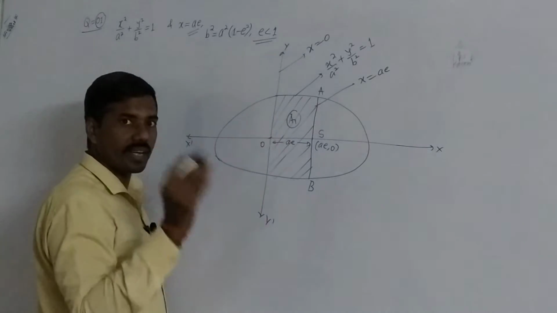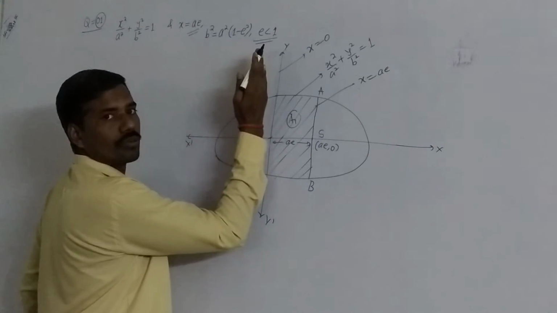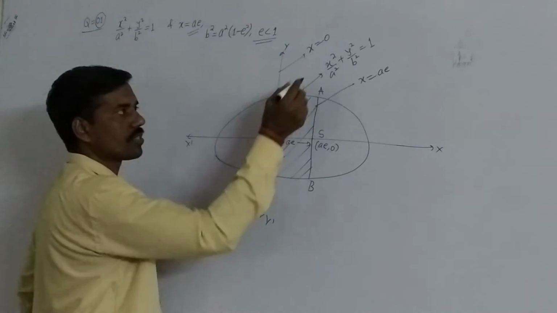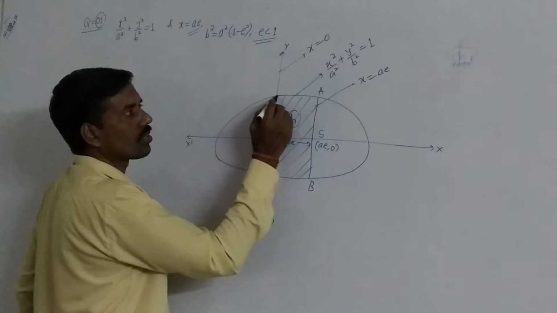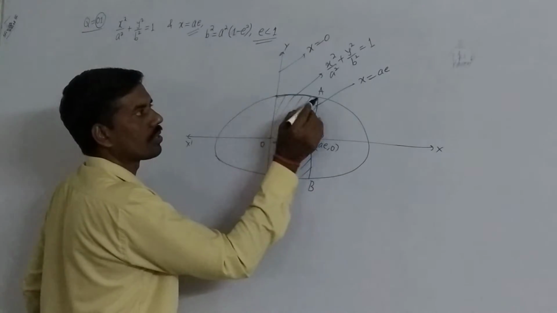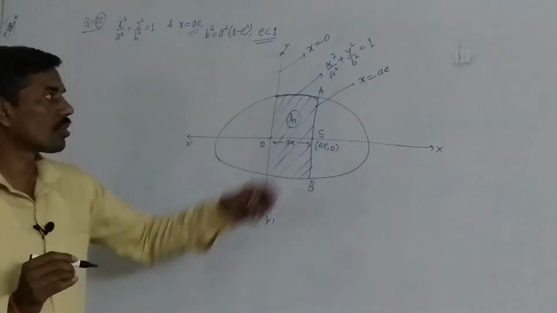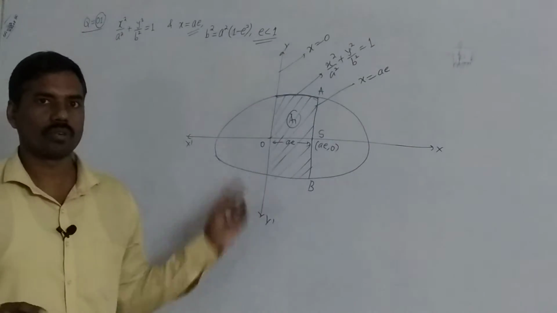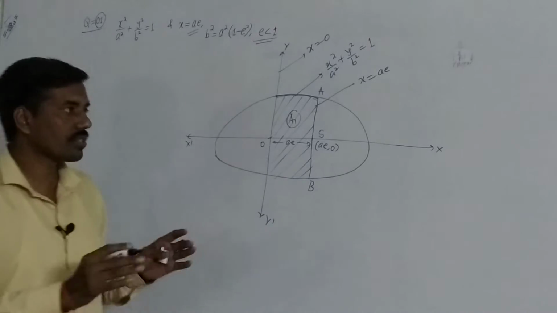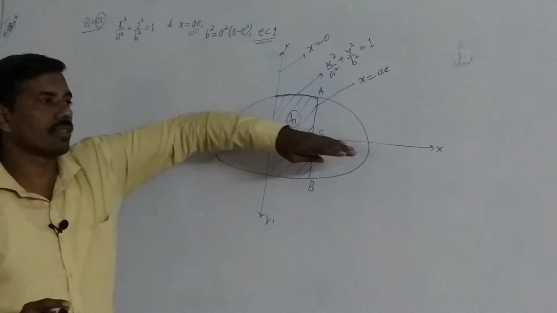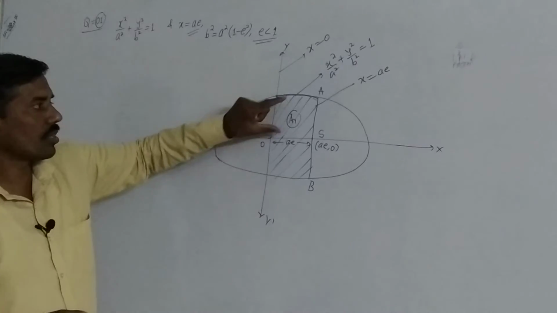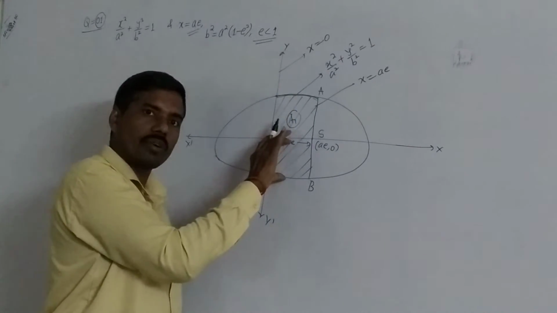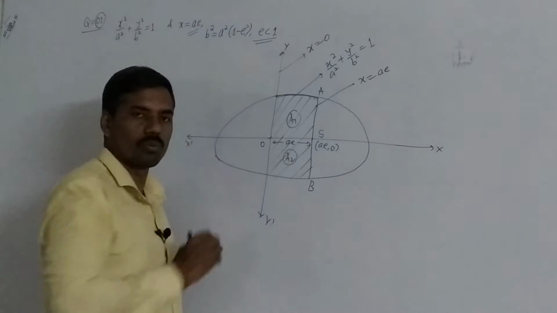So A1 is the area formed by x equal to 0, that is y axis, to x is equal to AE, and the curve. Okay. And this curve is part of the ellipse. Okay. So since the ellipse is symmetric with the x axis, this area A1 will be equal to this area. Let this one be A2.